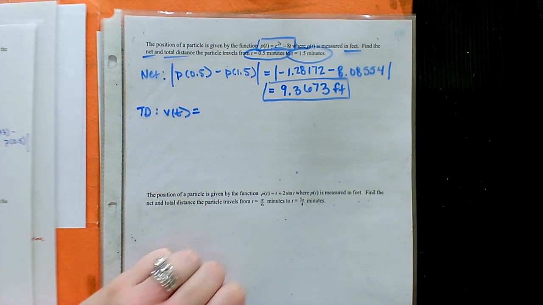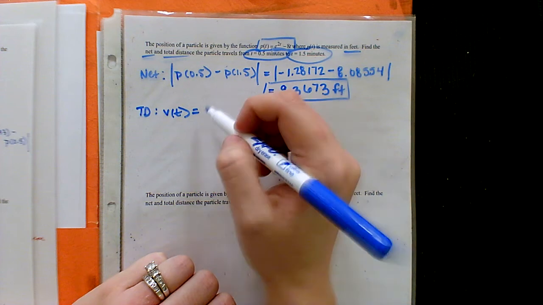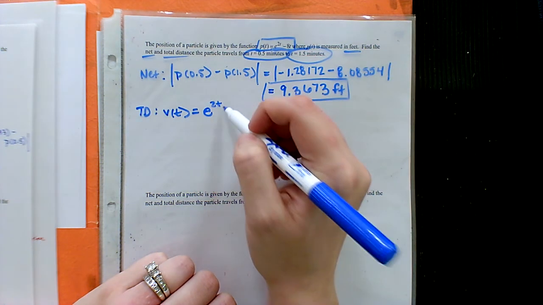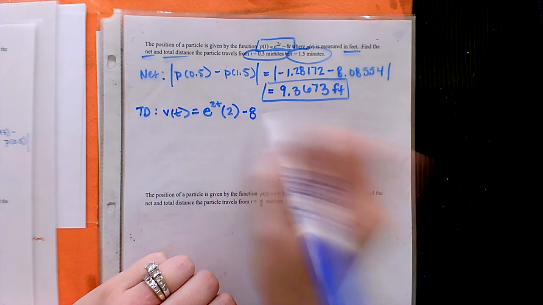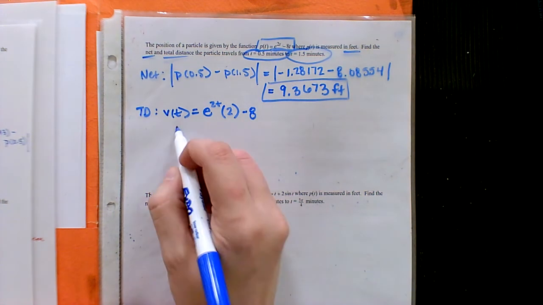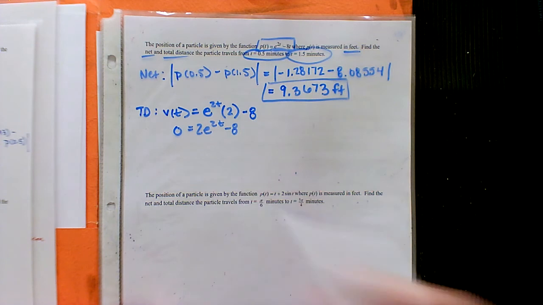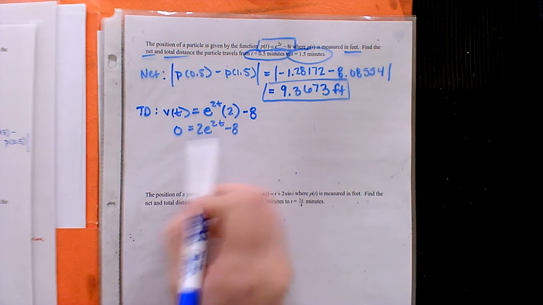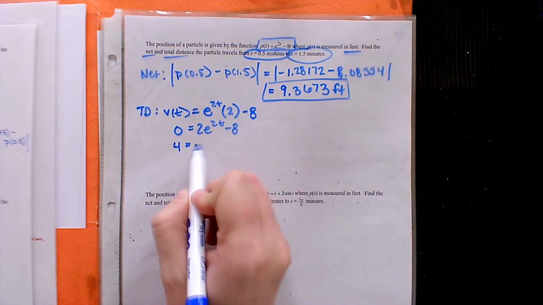So can we take our derivative? How do we take the derivative of e to a power? E to the power times the derivative of the power. Good. All right, and then we'll have minus 8 on the end. So we're going to set this equal to 0 and try to solve for t. I think we can do that. If we add the 8, divide the 2, we'll get 4.